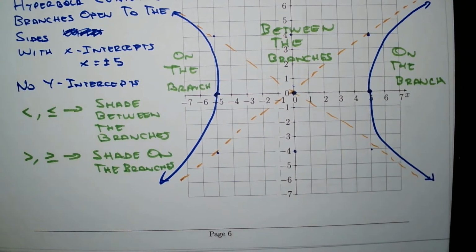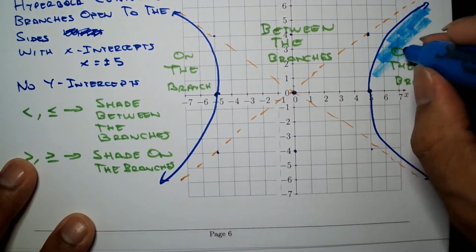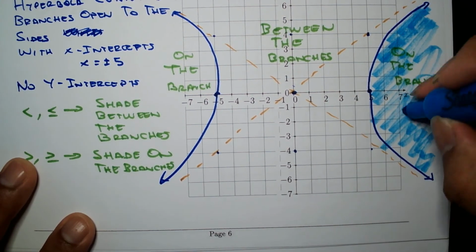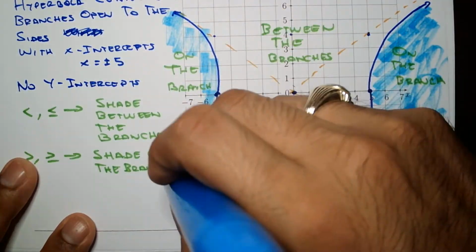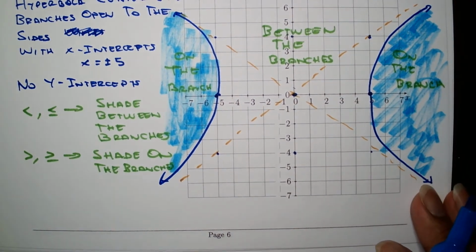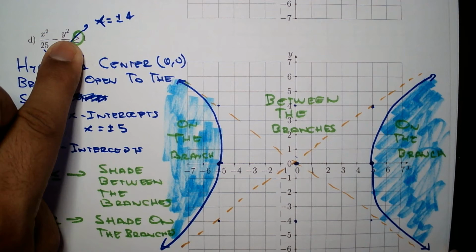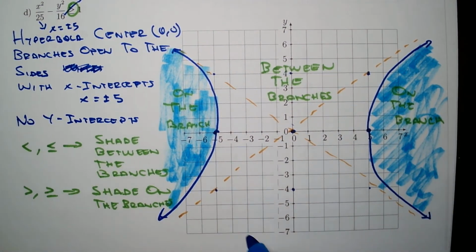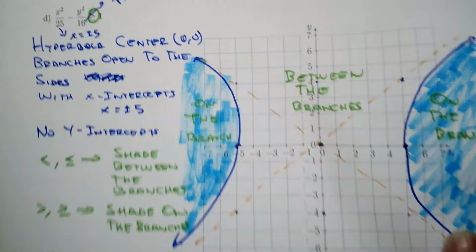So in this case, we are going to shade on the branches, like over here and over here. Otherwise, if we had this inequality sign to be less than or equal to 1, we would have shaded inside, or between the two branches. All right, so that's one example of each individually.